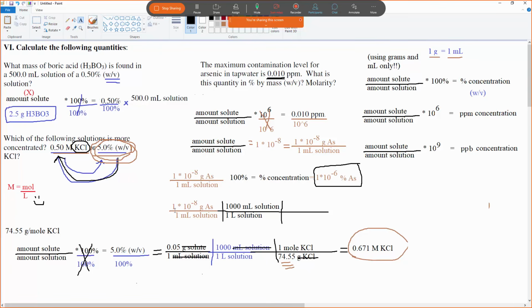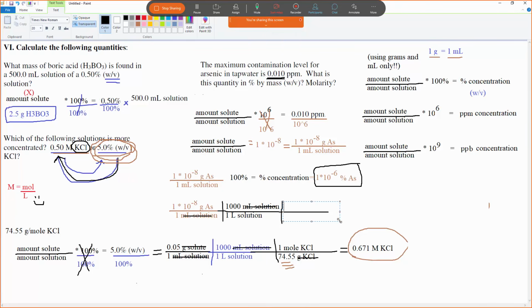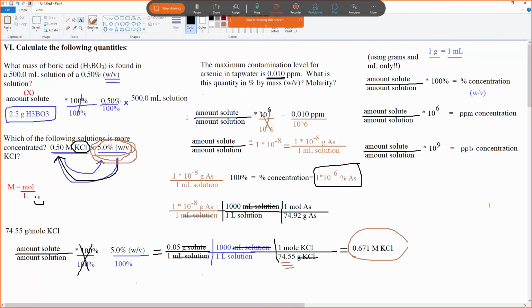And then I need the molar mass. Help me out here, guys. Sarah is prepared. Arsenic has a molar mass of 74.92 grams per mole. I believe you. So I'm going to put 1 mole of arsenic on top, 74.92 grams of arsenic on the bottom, so my grams of arsenic will cancel right here, and I'll be left with moles on the top and liters on the bottom.